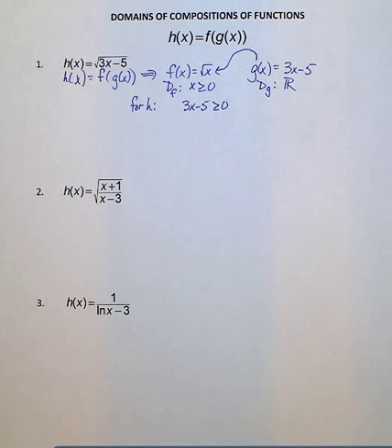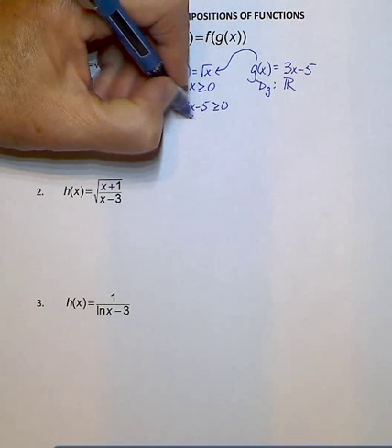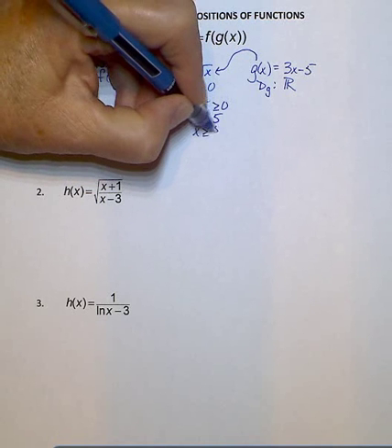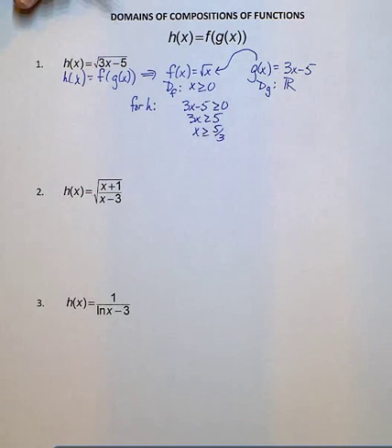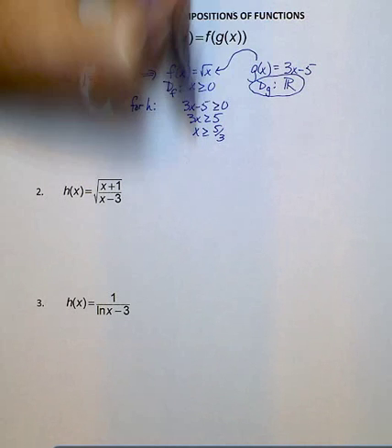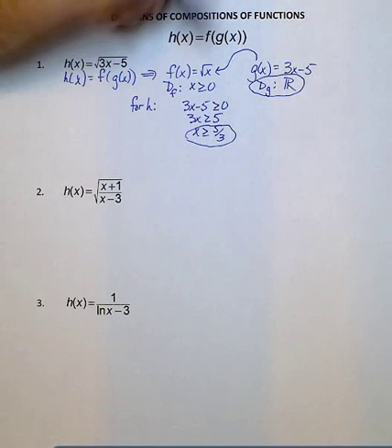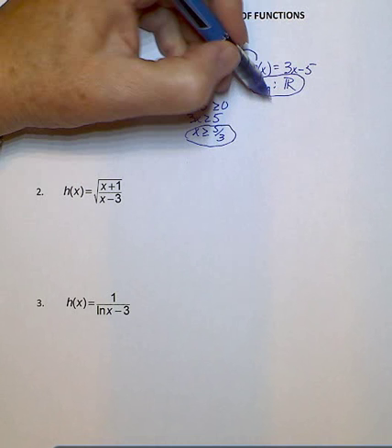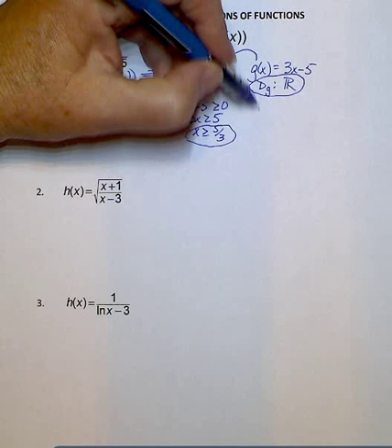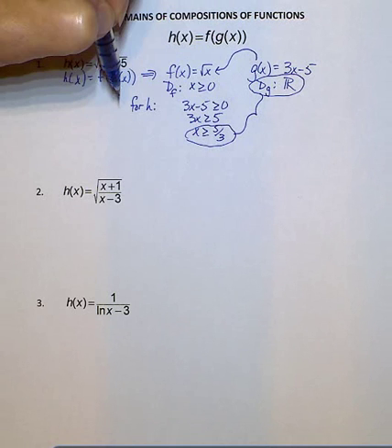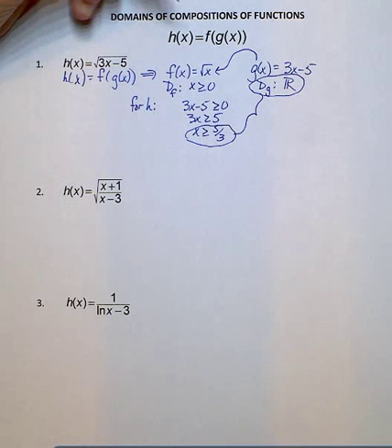So this gives us an algebra problem to solve. This is a simple algebra problem. We can add 5 to each side, divide by 3, and we get that x is greater than or equal to 5/3. And then we have to consider all of the x's that meet both of these conditions. They can be fed into g in the first place, and that means in the domain of g, but then the outputs of g fit into the domain of f, and that was our condition x greater than or equal to 5/3.